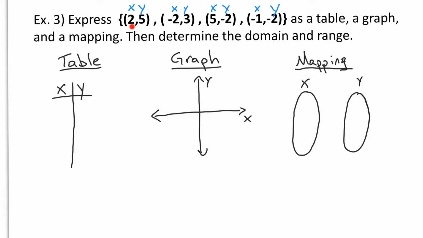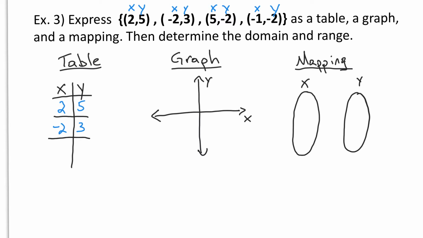So here the X is 2 and the Y is 5. So I'm just going to put the 2 in the X and the 5 in the Y. And I'm going to put a line here so I can separate the next ordered pair. And the next point is negative 2 and 3. So I'm going to put a negative 2 here and a 3 for the Y. So notice I'm just organizing the T table, or the table, with the X values in one column and the Y values in the next one.